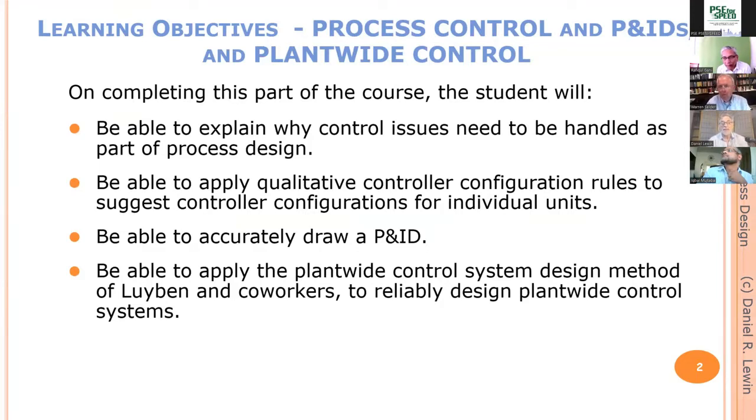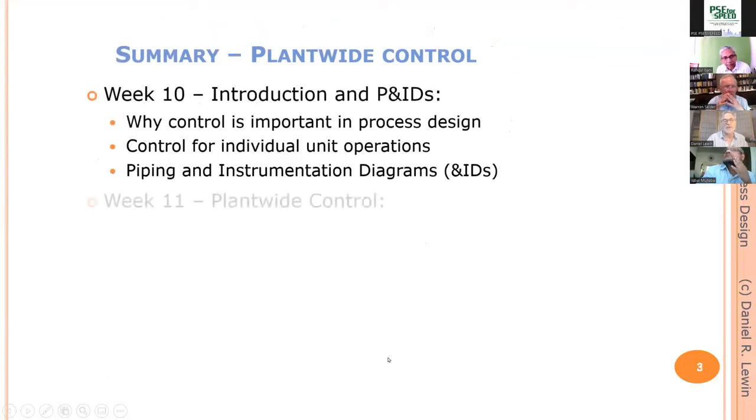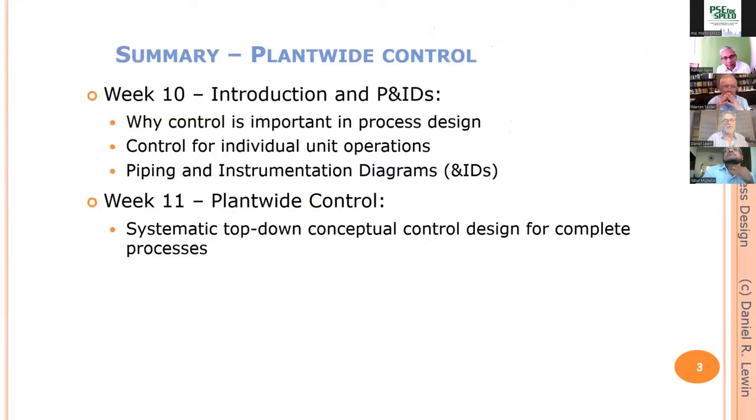They should be able to apply qualitative controller configuration rules to suggest controller configurations for individual units, to be able to accurately draw a P&ID, and to be able to apply the plant-wide control system design method of Lewin and co-workers to reliably design plant-wide control systems. Basically, this allows the organization of the control system design so that the controller objectives are achieved in order of importance. So in summary, this is what we do in 2 weeks.